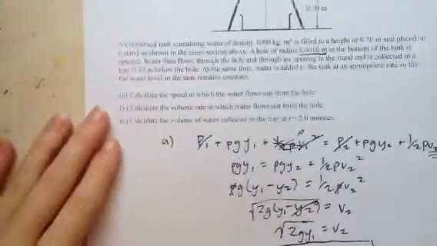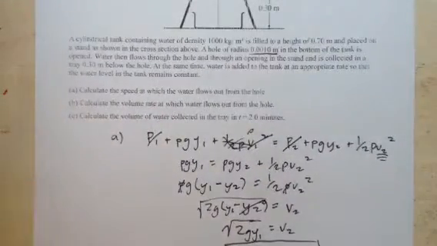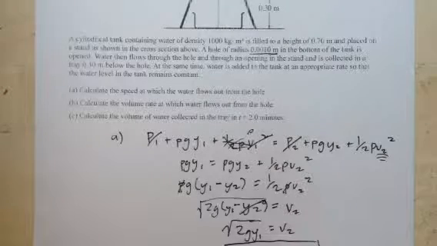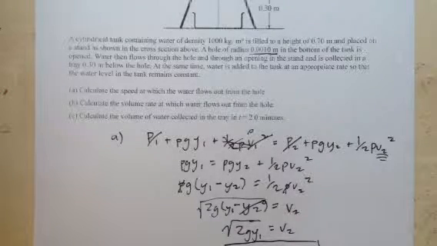Okay, so part C asks us to calculate the volume of water collected in the tray in time 2 minutes.